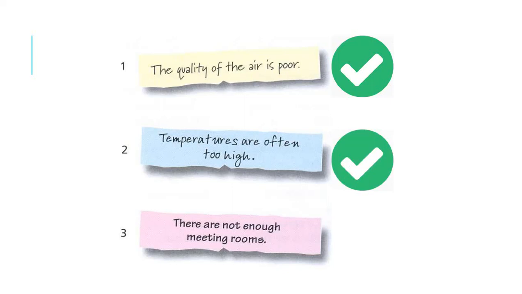Third complaint says there are not enough meeting rooms. Enough means sufficient. And meeting means when people get together, right? So basically, this complaint is expressing that there is not sufficient space for people to get together.